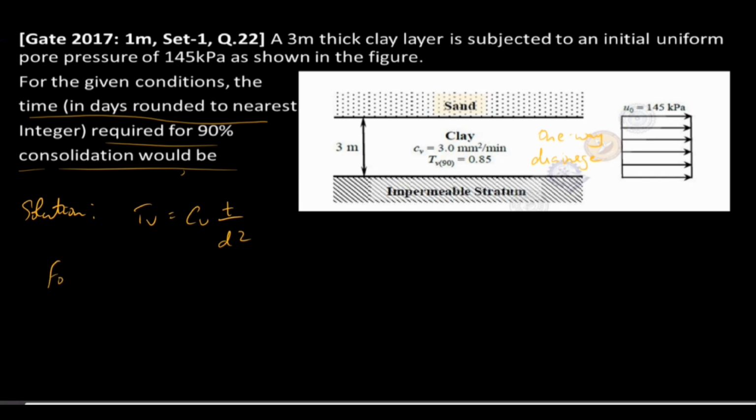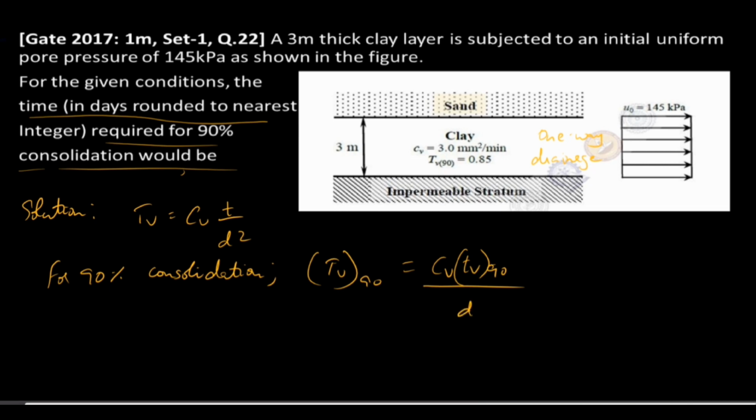So for 90% consolidation, TV of 90 is equal to CV T by D square. They have given TV of 90 as 0.85, and they have also given CV, that is 3 mm square per minute.